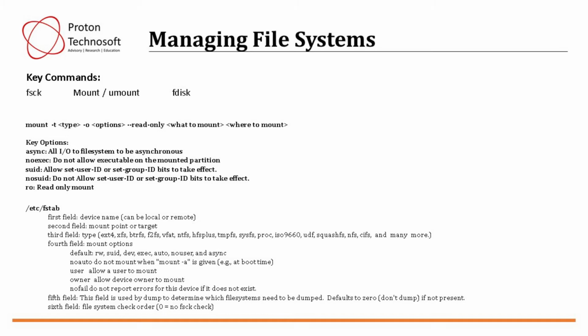Then we have ro, which is a read-only mount, used again largely when we are doing malware analysis. So when we do malware analysis, we need to be aware of it so that we can mount the file system and scan it without deleting any file.